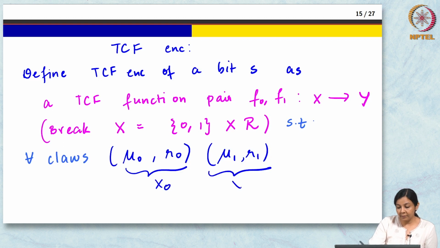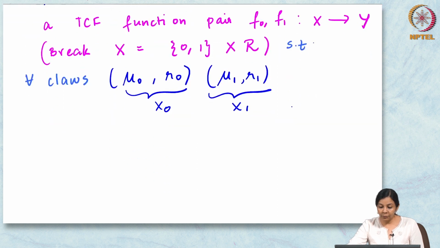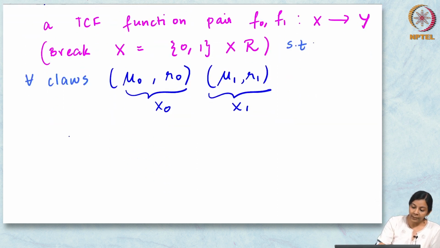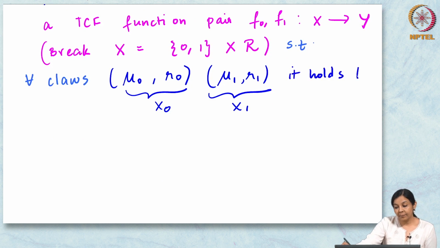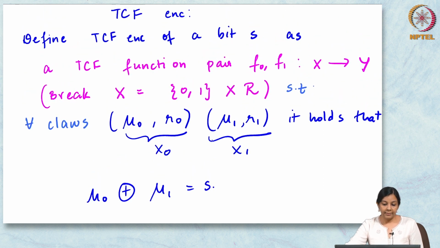So, this is our erstwhile x 0 and x 1, right. So, for all claws (mu 0, r 0), (mu 1, r 1), it holds that mu 0 XOR mu 1 is equal to S.